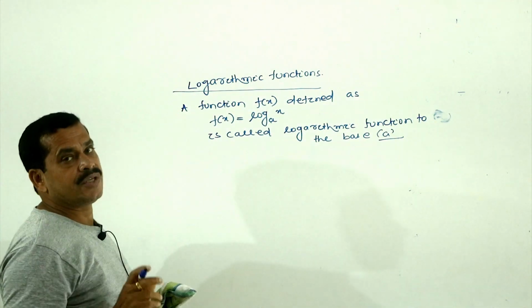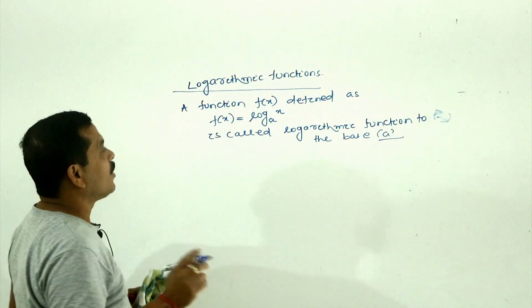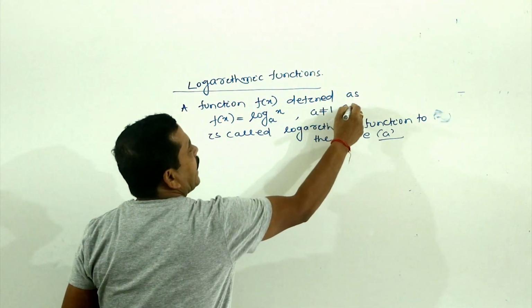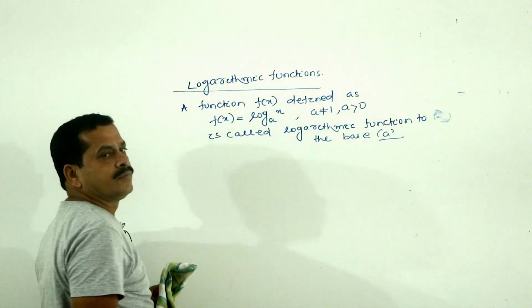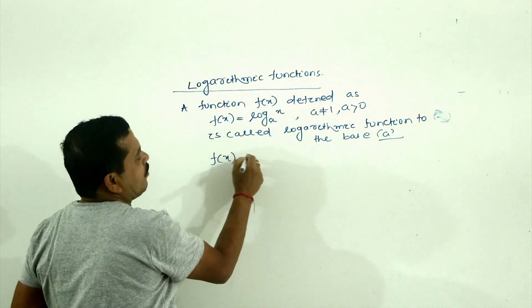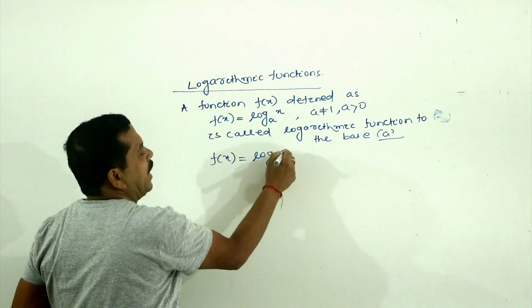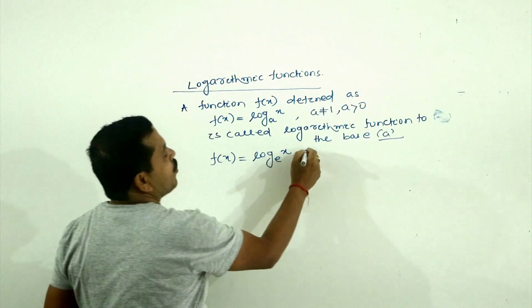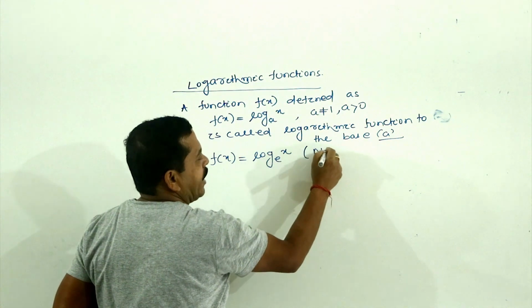This type of function is called logarithmic function. Similarly, a cannot be 1, a greater than 0. There are two types of logarithmic functions. One is log x to the base e, that is known as natural logarithm.